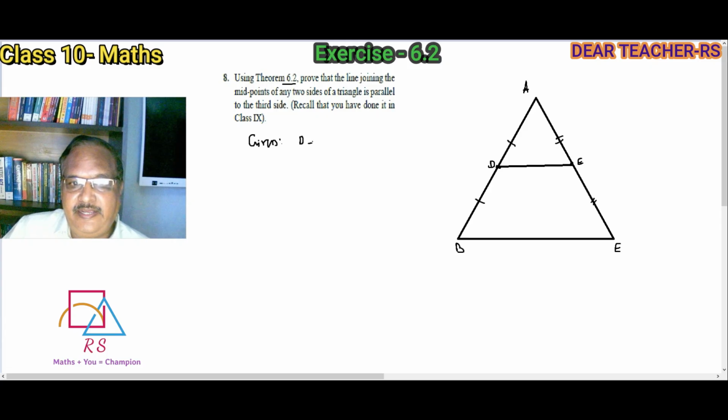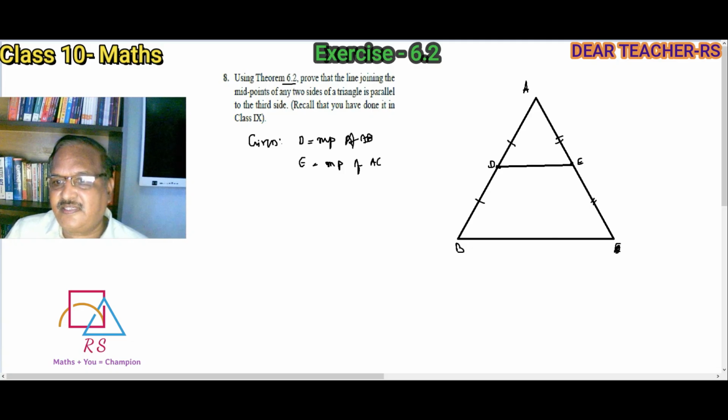Okay, D is the midpoint of AB and E is midpoint of AC. Okay, now RTP. DE is parallel to BC.